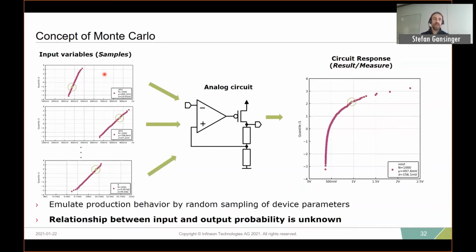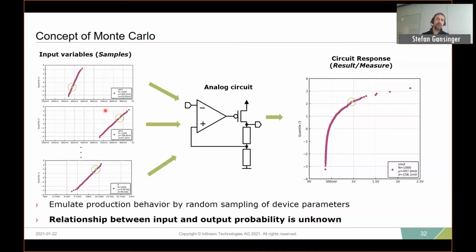In simulation, we now try to emulate the behavior we have in production. The simulator looks at the model files of the individual devices, and through the so-called sampling process, it selects different device parameters according to their probability in the model.